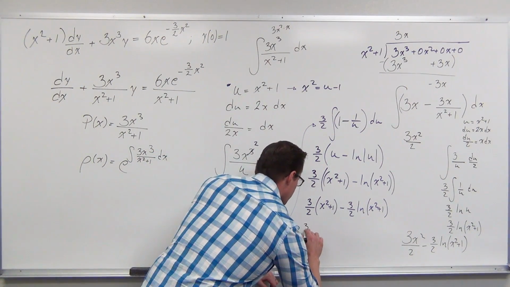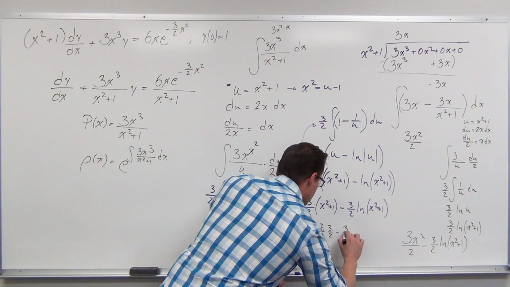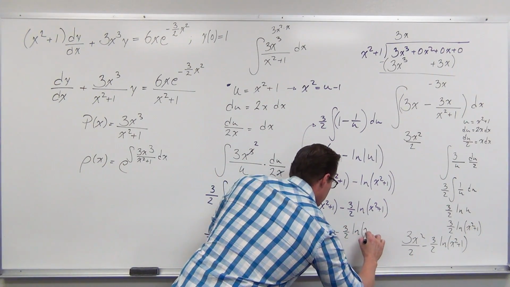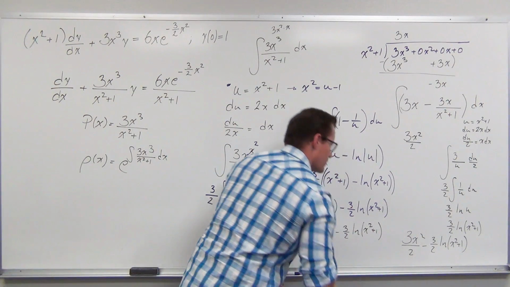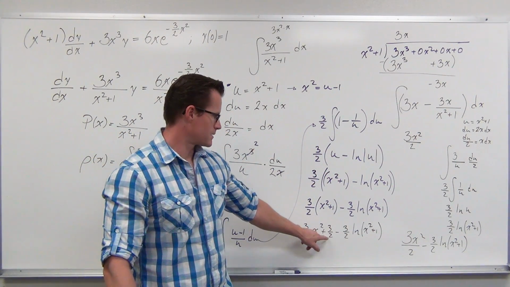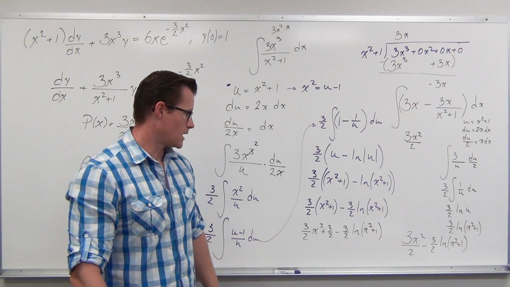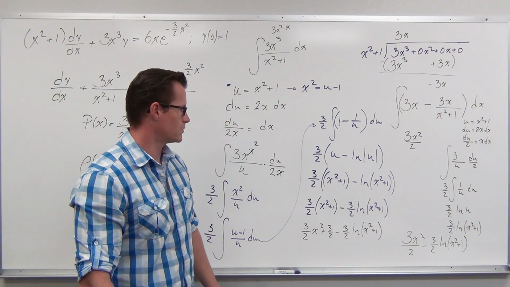Even if I distribute this, even I can see that that's got a +3/2, and that one doesn't. What's wrong? What'd you do wrong?